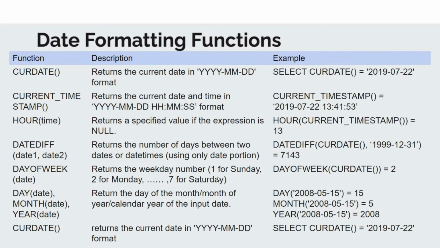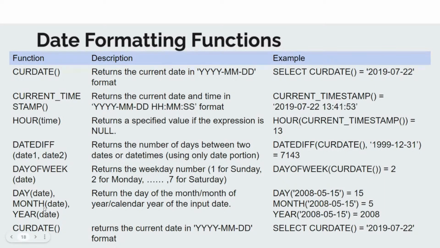Day of the week. And really all of these are really useful. You'll find yourself using quite a bit of these date formatting functions. Say you just want to return all shipments on Sunday. So you do where your date field, you'd have some date field, and then you do day of the week is equal to 1 for Sunday. Maybe it's like a shipping date, and then you say give me all the packages that shipped on Sunday.